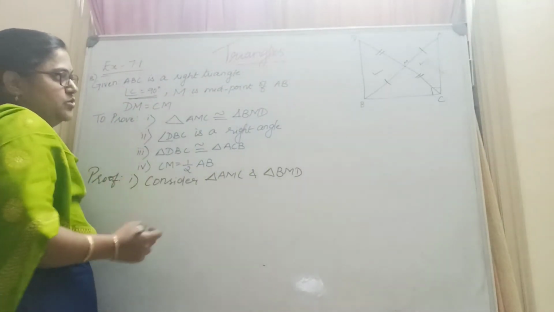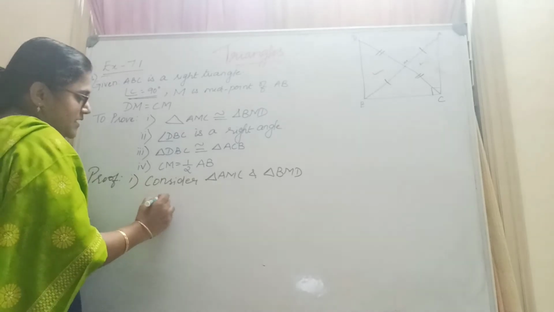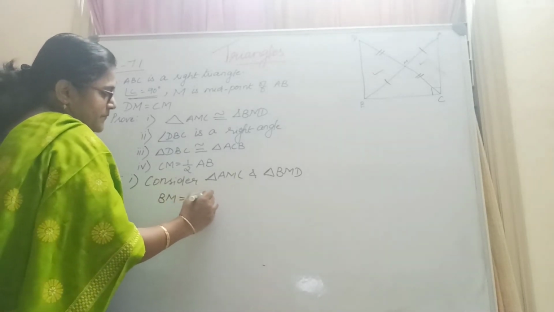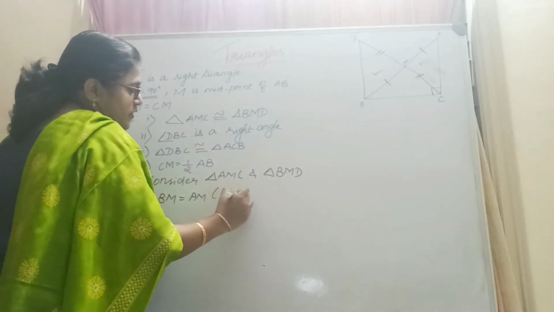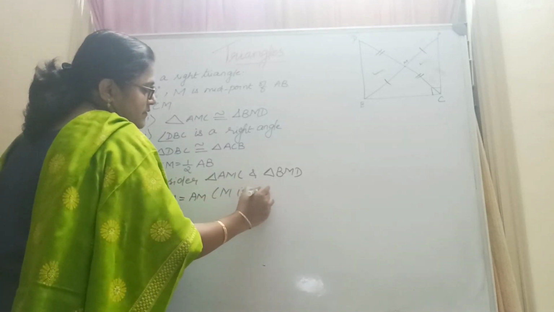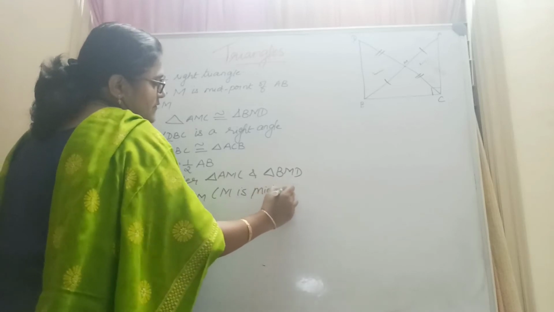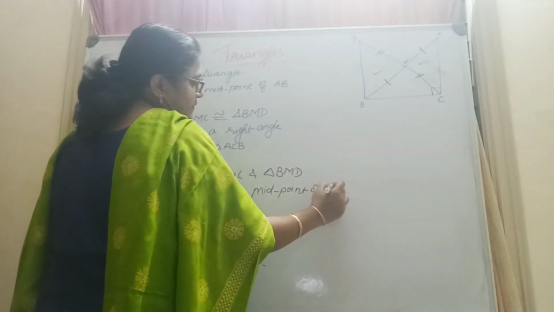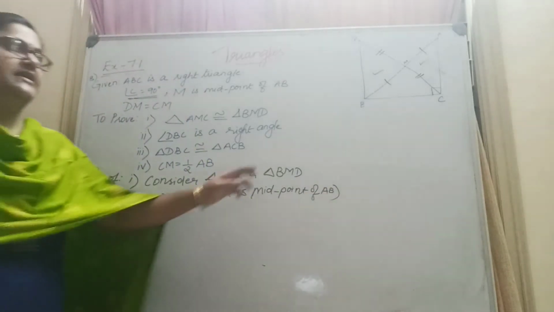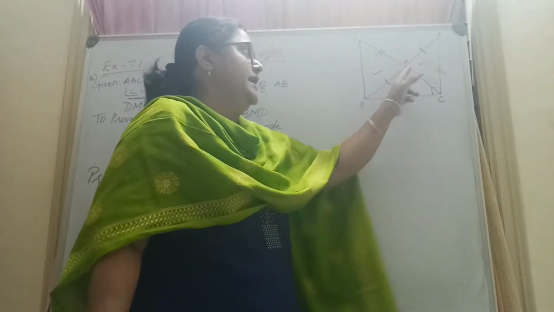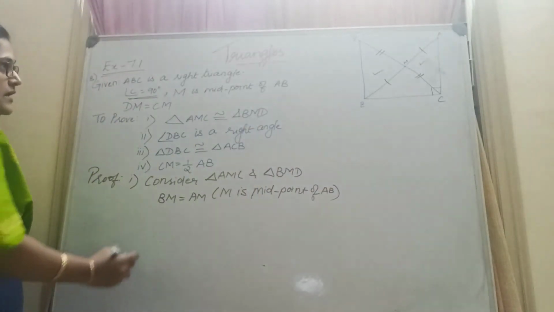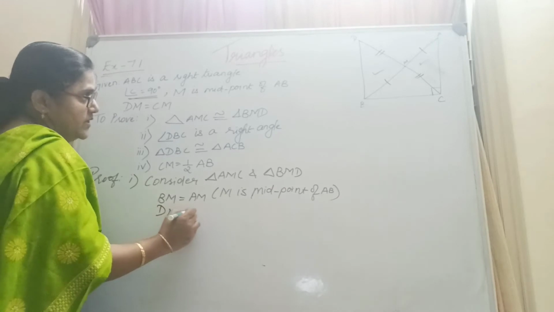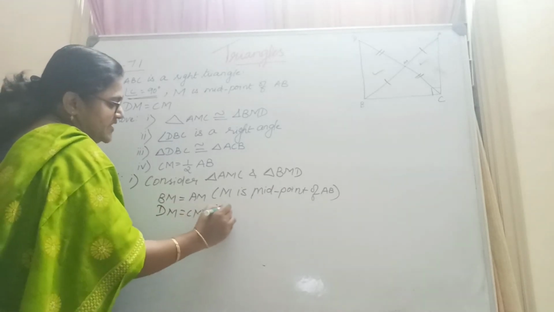When you consider those two triangles, it is given that BM is equal to AM, because M is the midpoint of AB. Then it is also given that DM is equal to CM. This is given.